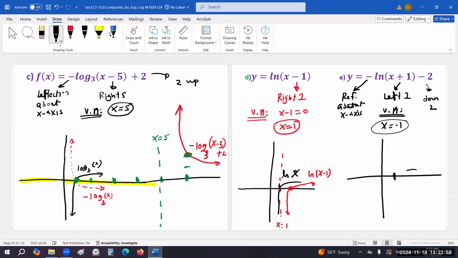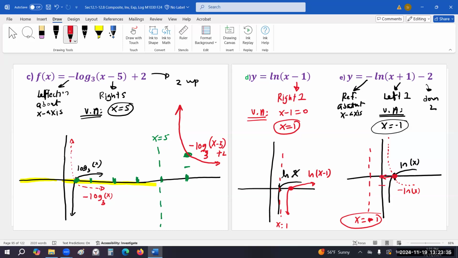So the original one is here, ln of x. The reflection, the bigger part goes here, the smaller part comes here. So negative ln of x. You cannot cross the -1 line. And you're moving your x-intercept left side by one, left one, which is here.